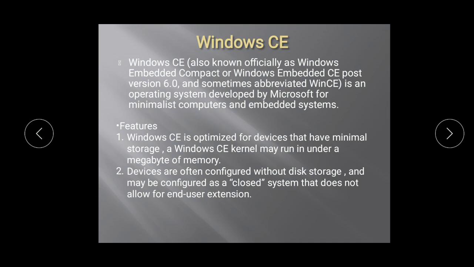So Embedded Compact can be termed as Windows CE. It is an operating system developed by Microsoft for minimalist computers and embedded systems. So let me tell you what is an embedded system. An embedded system is a combination of your hardware and software for connecting a component to run an application.